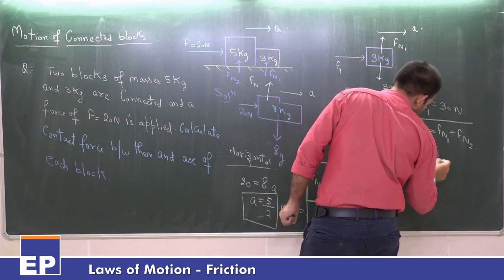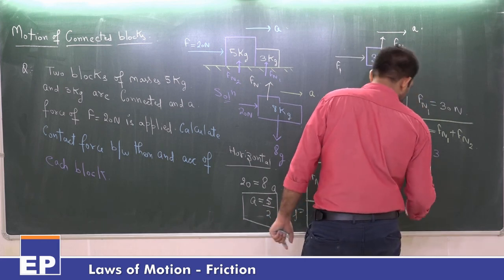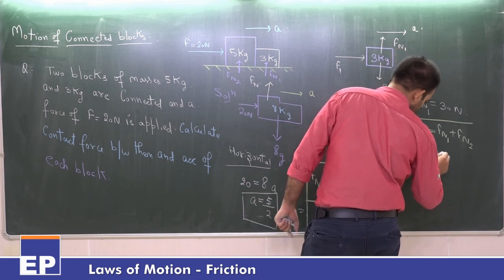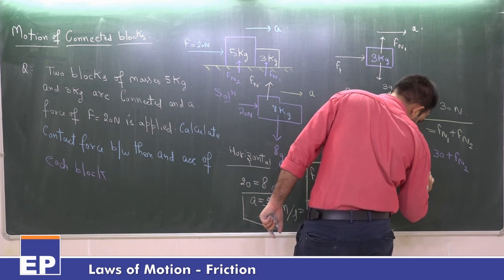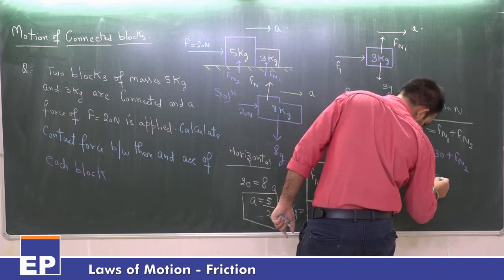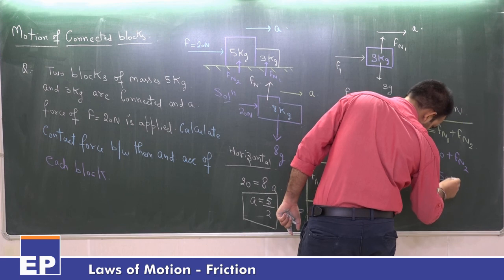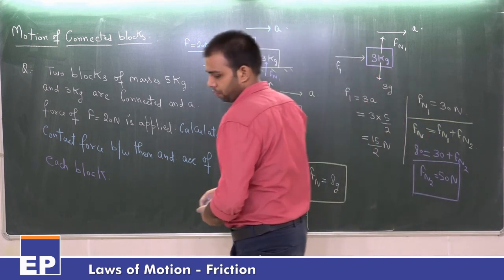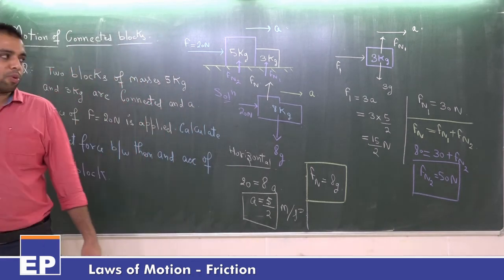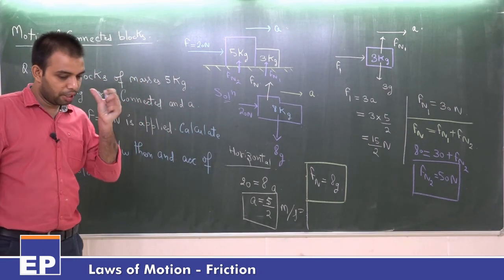What is Fn1? 30. Right? This is the approach to do such types of problems. Clear? Everyone write this down.